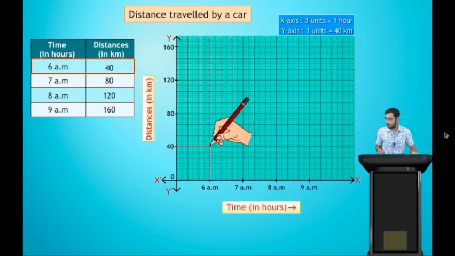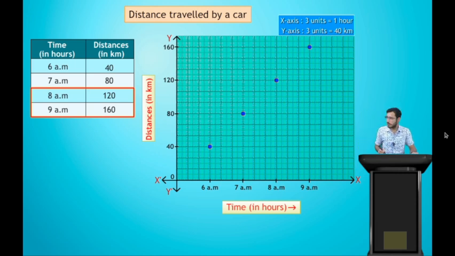Then the next one, 7 and 80. Where is 7? On the x-axis you can see 7, and taking height 80. Then the next one, 8 a.m. and 120 kilometers, taking height 120 kilometer, and 9 a.m. taking height 160 kilometer.